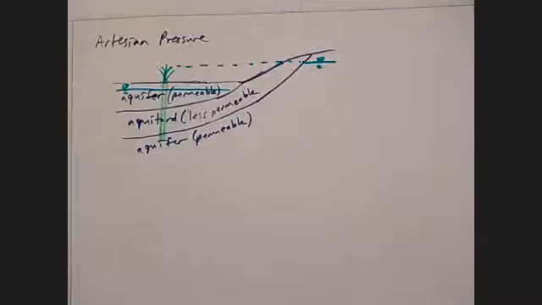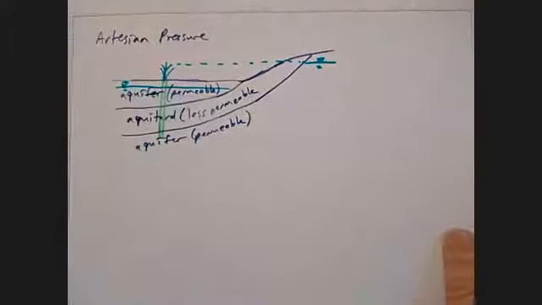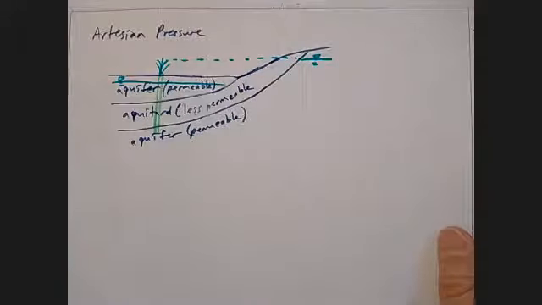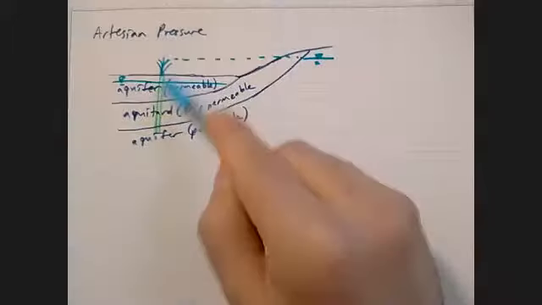So this is known as an artesian well, but forget about the well now, forget about water squirting out.